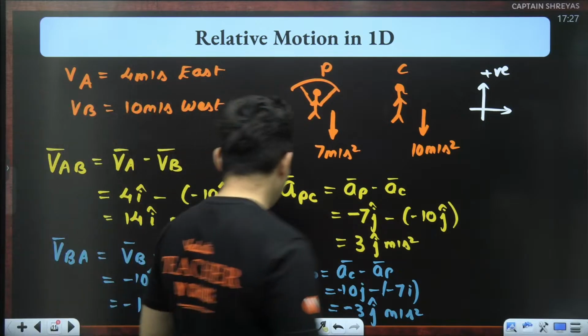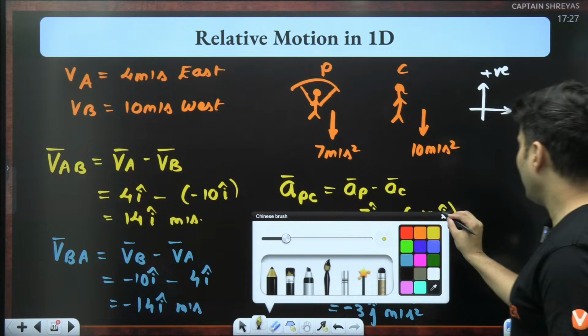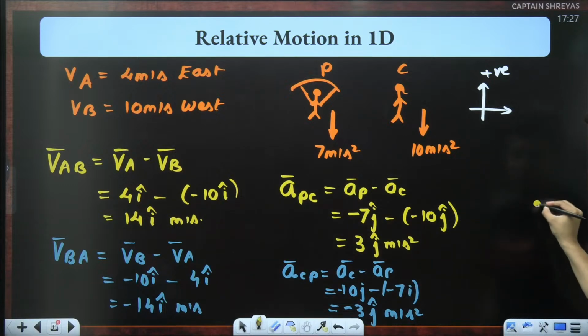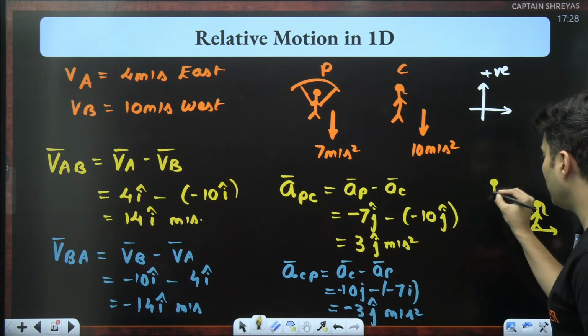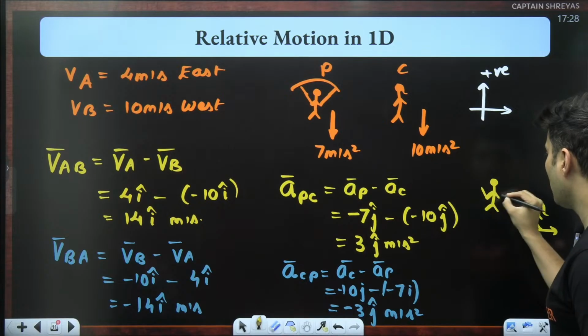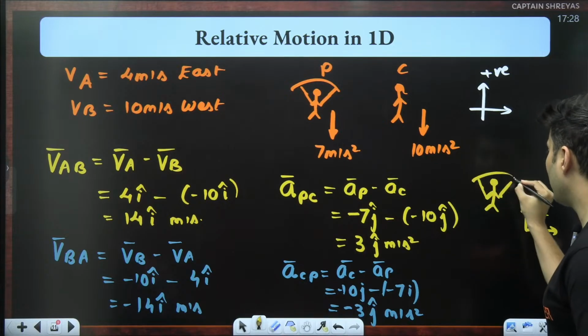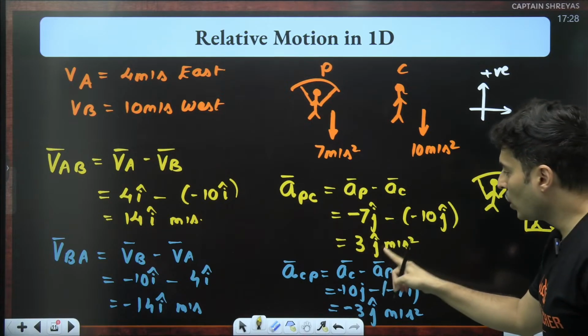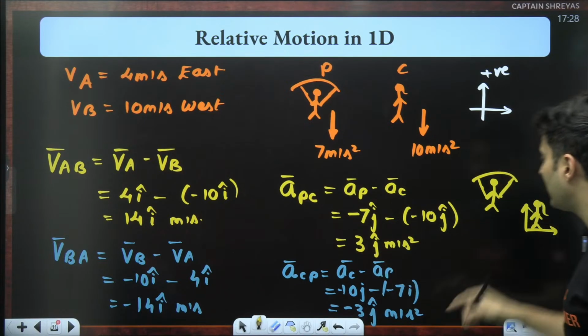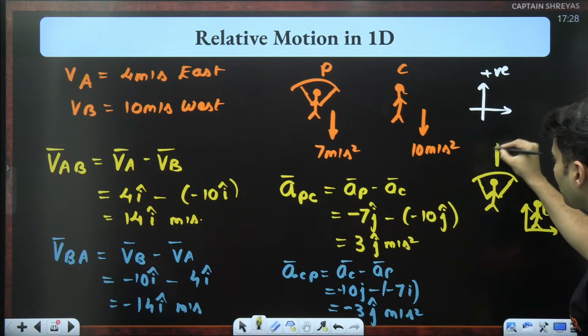So what does this also mean? If Champa in the first case was considered to be the observer, she will see this particular Pandu who is coming down with this particular parachute going with an acceleration of 3 j cap. 3 j cap means upwards, positive.